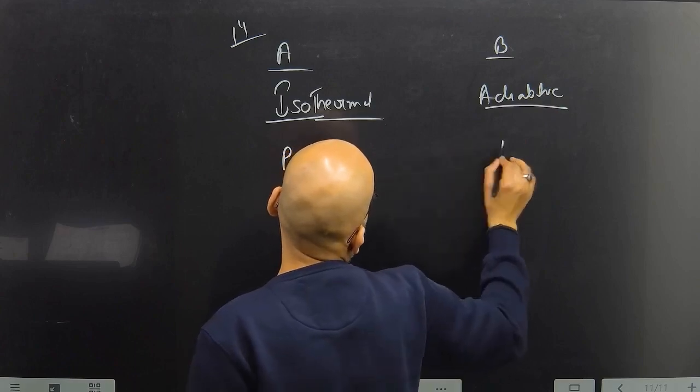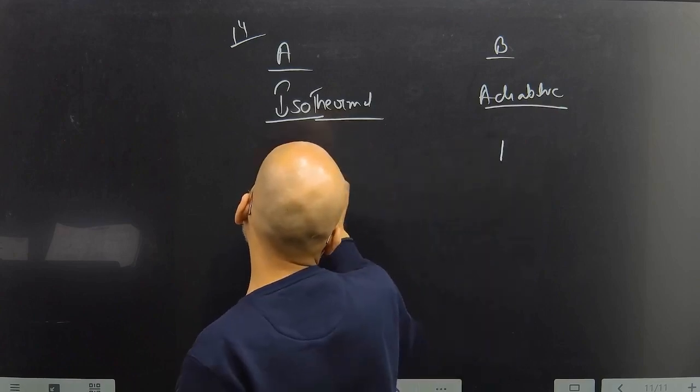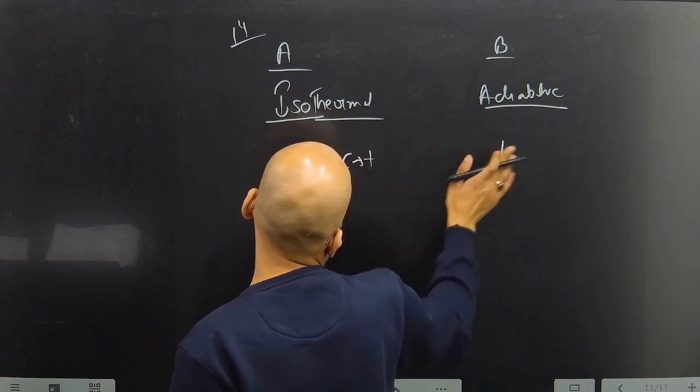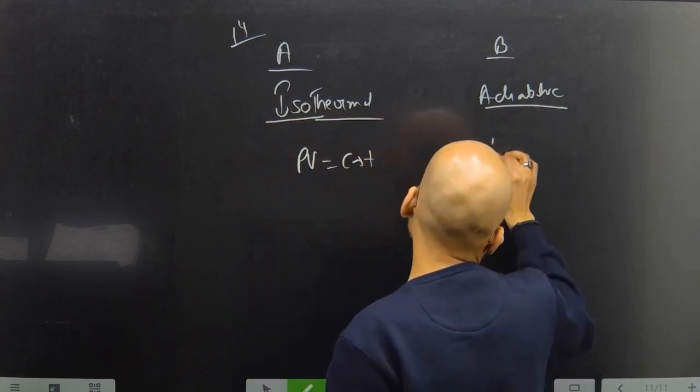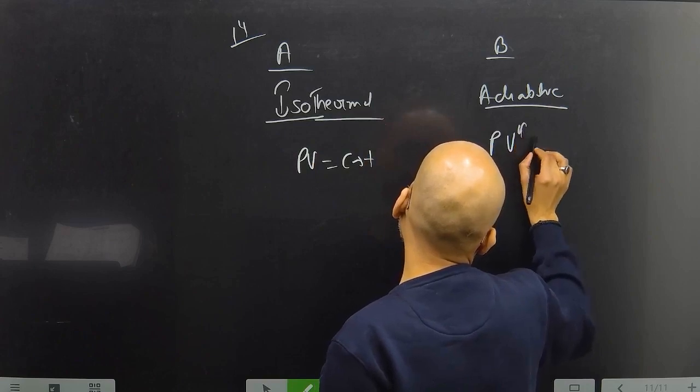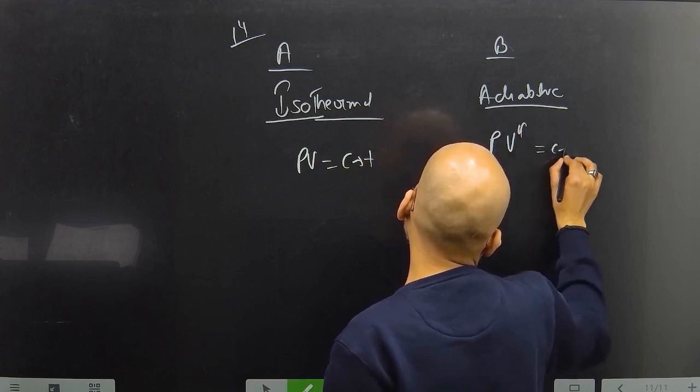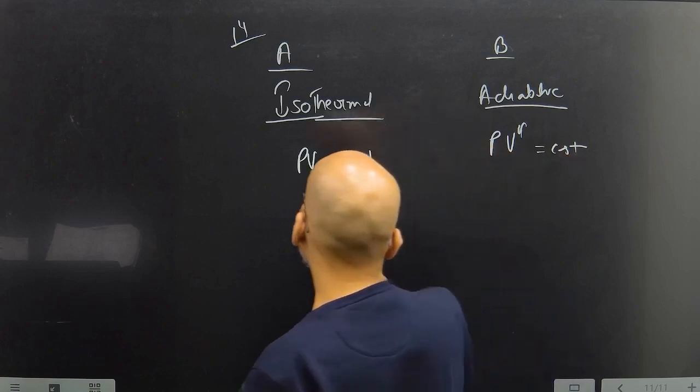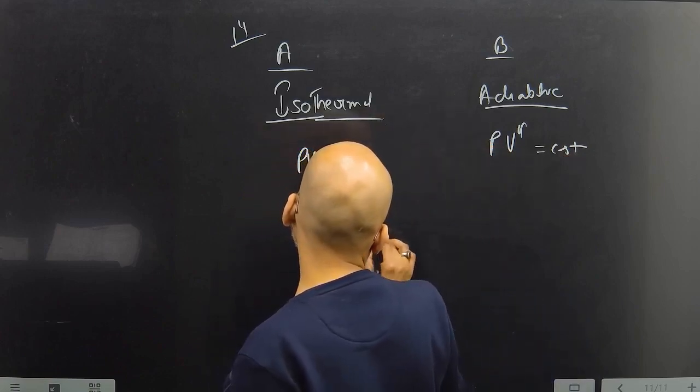I am writing it like this. Here it is PV equals constant, and for adiabatic, PV to the power gamma equals constant. So pay attention.